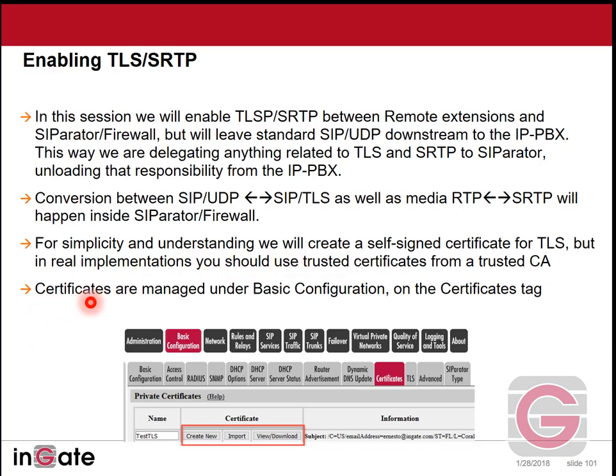All the certificates are managed under the basic configuration, and there is a tab called certificates. You just add a new certificate, put a name, and if this certificate is not created yet, you click on the button that says create new, and then you can start creating your certificate.